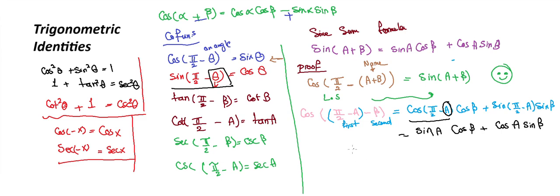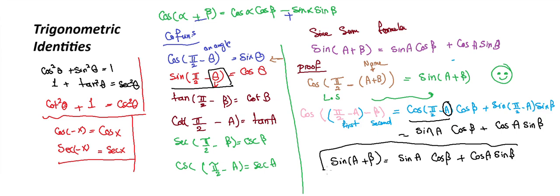So this is now sine A plus B, which is sine A cosine B plus cosine A sine B, which is our requirement. So now we proved the sine sum formula.